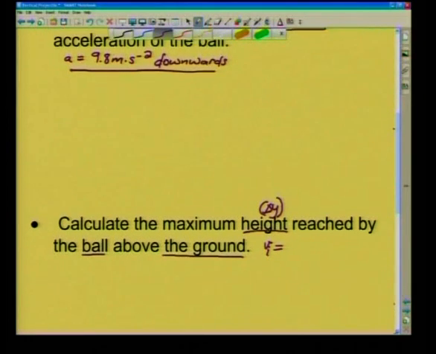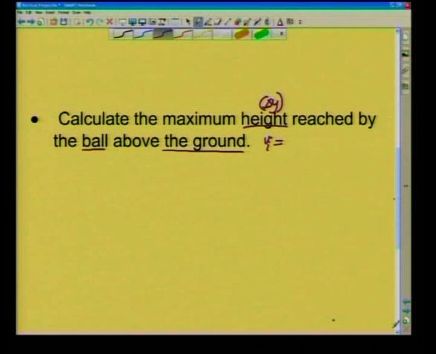If the initial velocity is 10 meters per second, what is going to be the final velocity? We know that if something is thrown upwards, at the maximum height its velocity is 0. So final velocity is 0 meters per second.